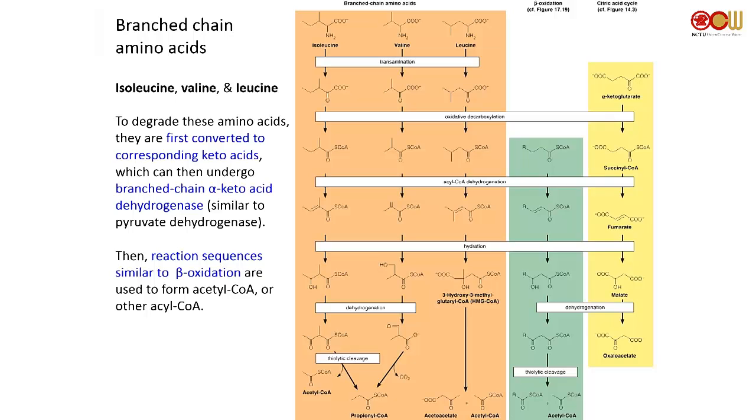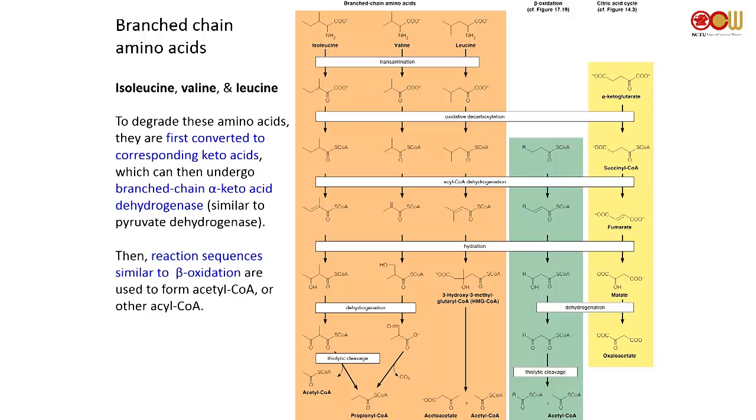You see this chart and you're just like, whoa, what is this? This is looking at branched chain amino acids. Now, you have to remember two things about branched chain amino acids. First, you go from amino acids to the corresponding keto acid. So the first step of degradation is always amino acid to keto acid.